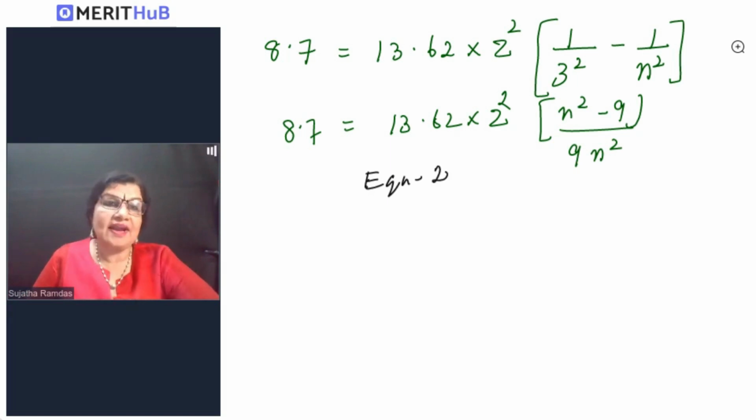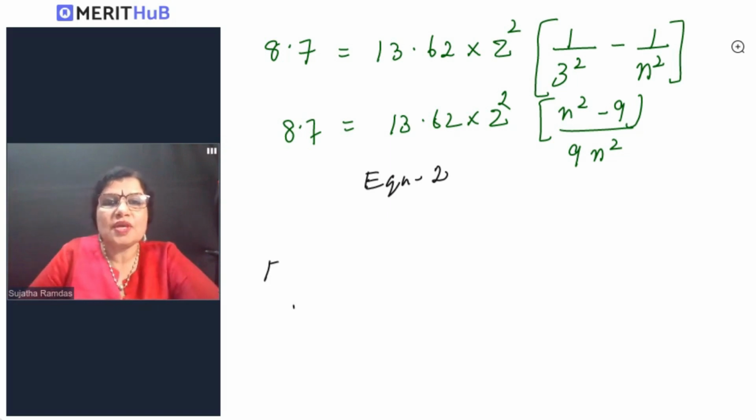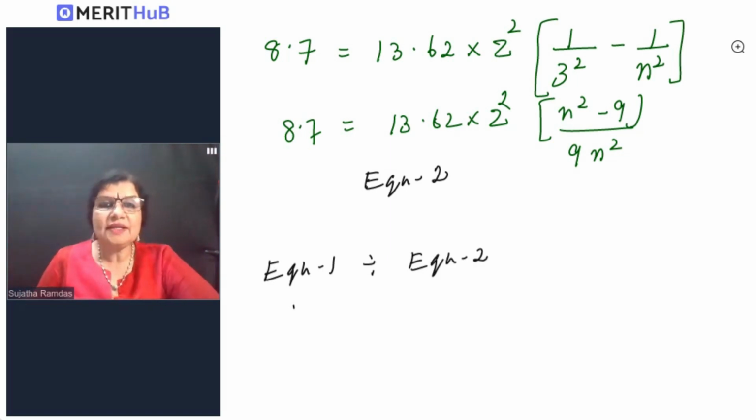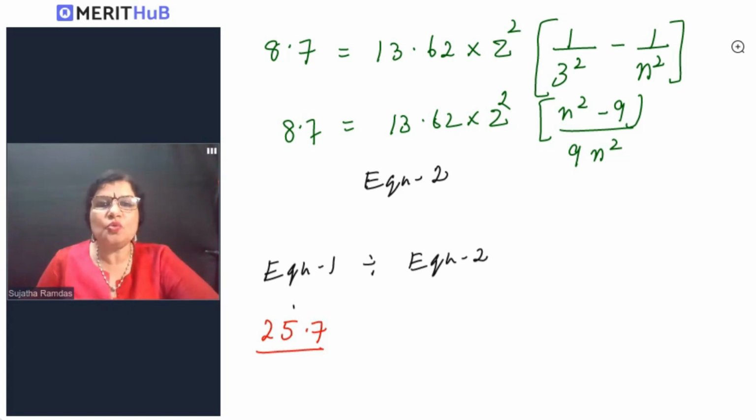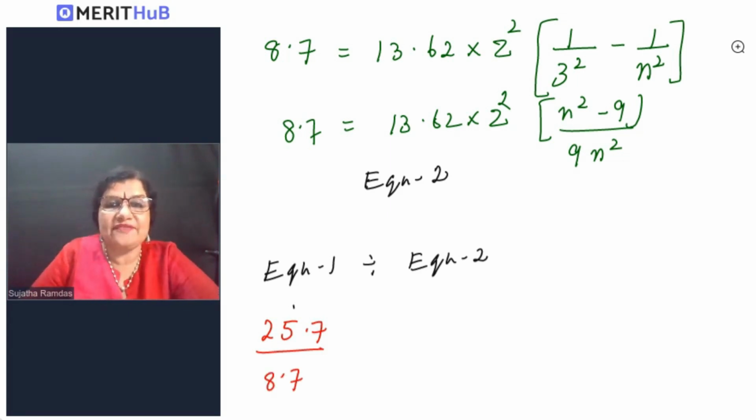Now let's divide equation 1 by equation 2. So, what was equation 1? Equation 1 was 25.7, divided by equation 2, which was 8.7.